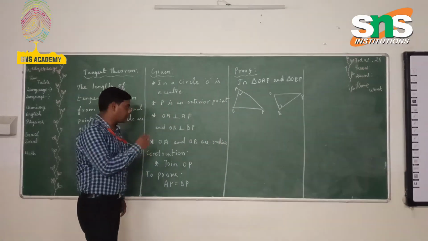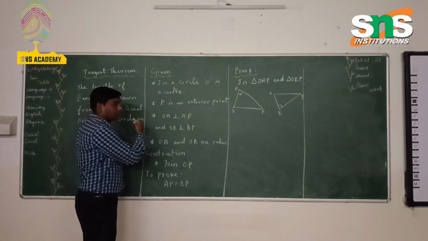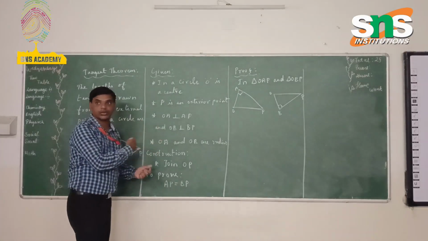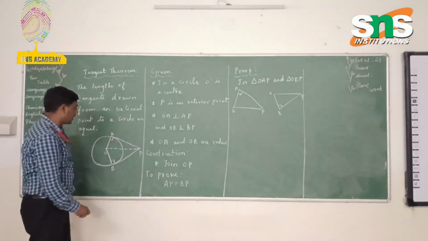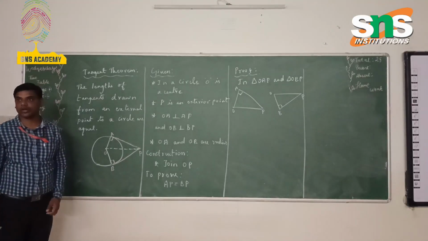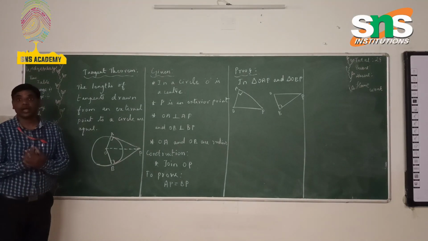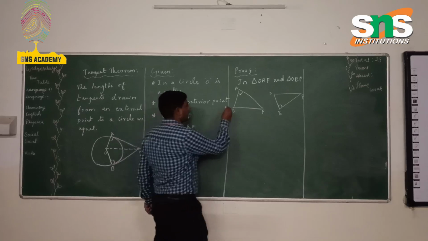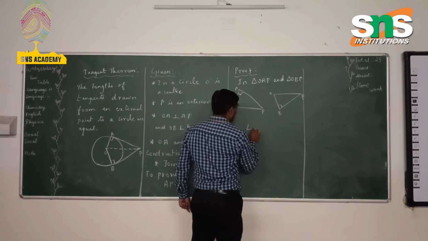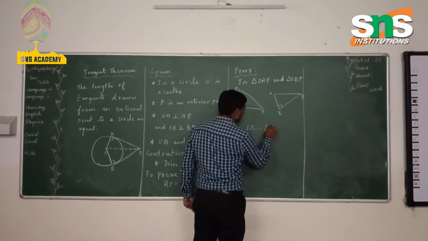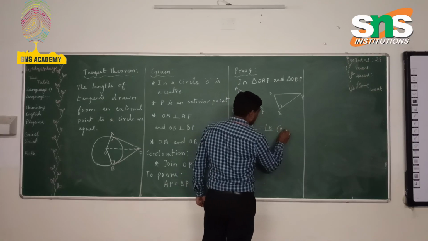Now in these two triangles we have to check with what is given. What can we take for our proof? 90 degrees, that means angle A is equal to angle B, and the reason is 90 degrees.